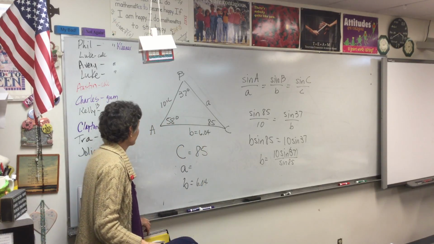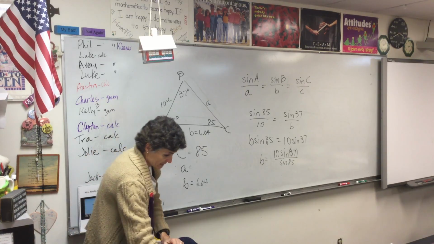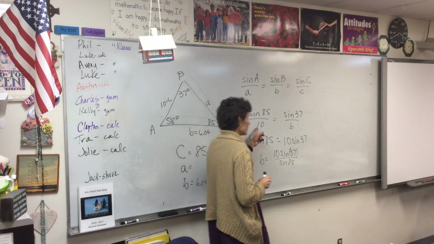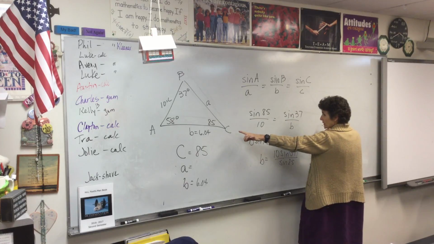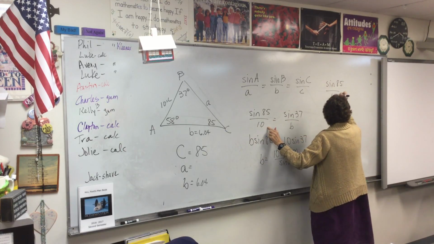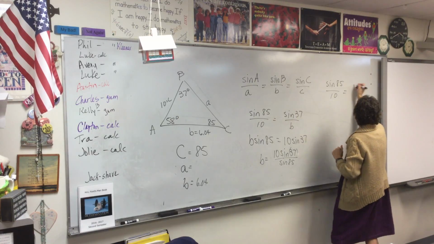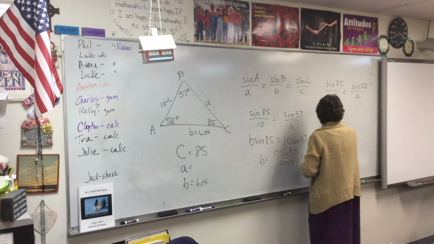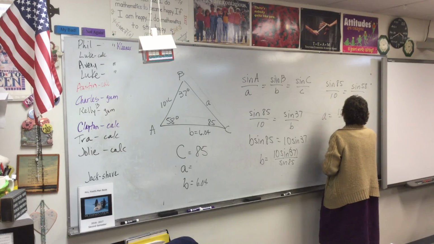All right, and now we've got to find side A. So what do you think we'll do to find side A? Same thing. We're going to start with this one. Please don't use this one because that's rounded off. Use the sine 85 and the 10. No round off error in those. Use sine 85 and 10, and then sine 58 over A. So we're going to cross multiply and divide.